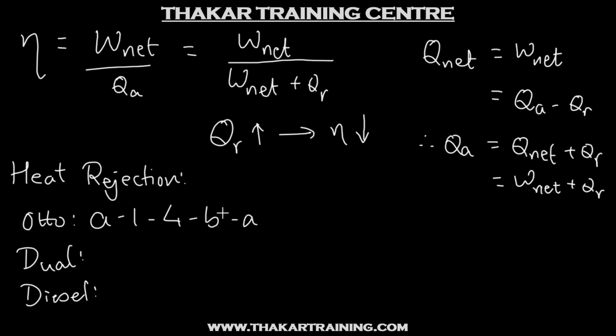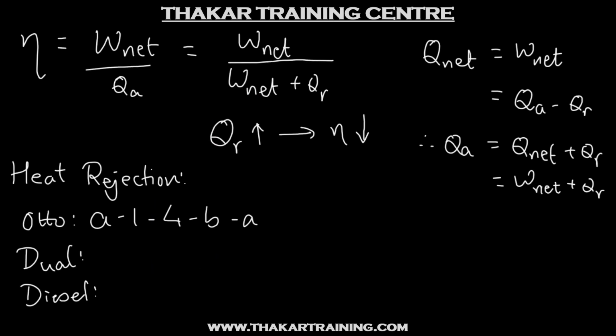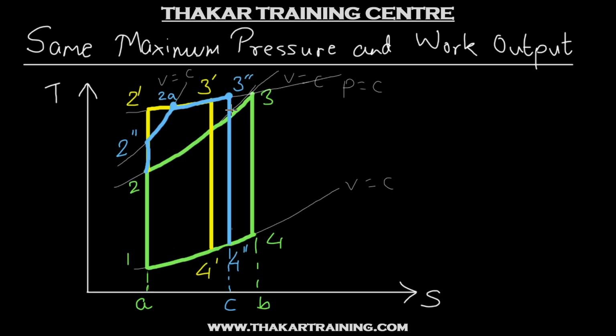What will be the heat rejection for the dual cycle? Let's suppose this is point C. So it becomes A14CA. This much is the area showing the heat rejection for a dual cycle. And what about the diesel cycle?